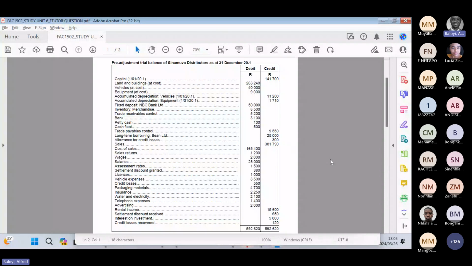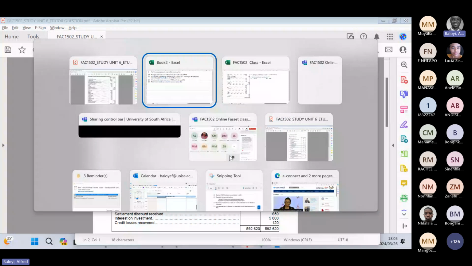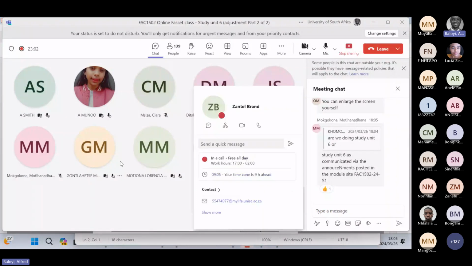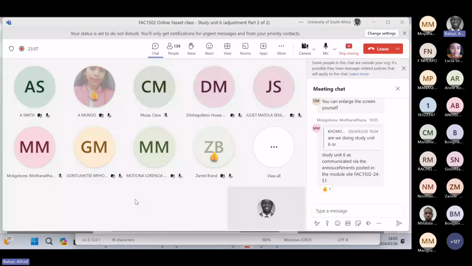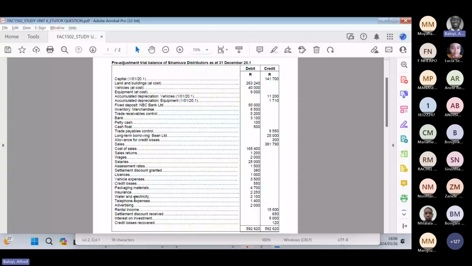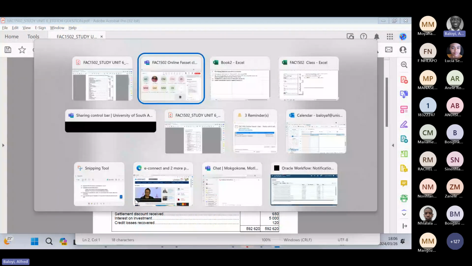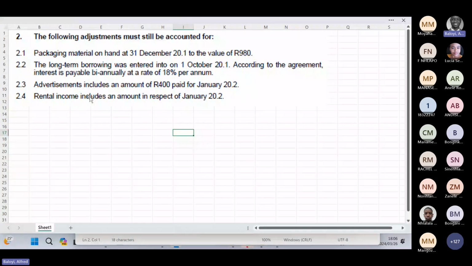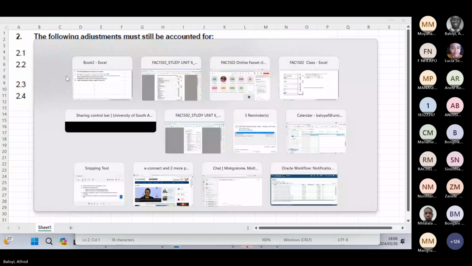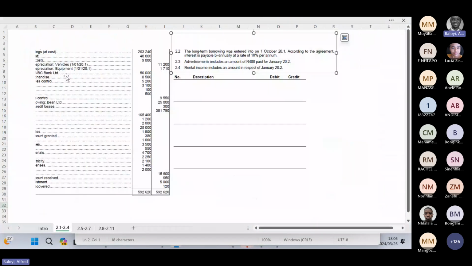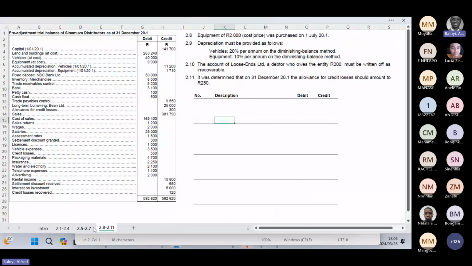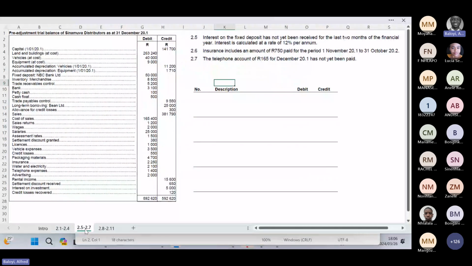Okay, I can see Zantel brand says it's okay. So I'll be going from this trial balance and then moving to the Excel spreadsheet, right? You'll just have to bear with me because it's very small when we're just working on Excel like this. But I had a pretty presentation that we can work on now. Okay, fine. I will copy this quickly. So this is the general ledger we will use for this.